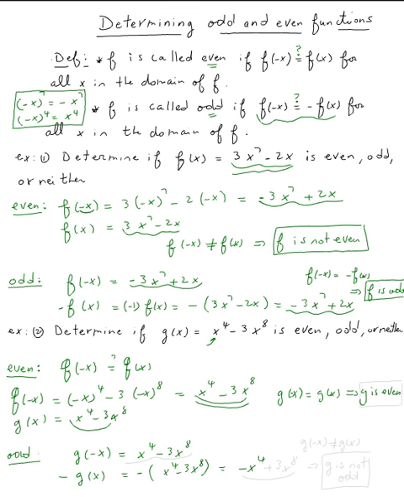This is minus x^4 plus 3x^8. Now compare this to that. They're not the same. One is plus minus, the other one is minus plus. Now I can say g of negative x is not equal to minus g of x. Therefore, g is not odd. So it's not odd, but it's even. Alright, that's it for these examples.